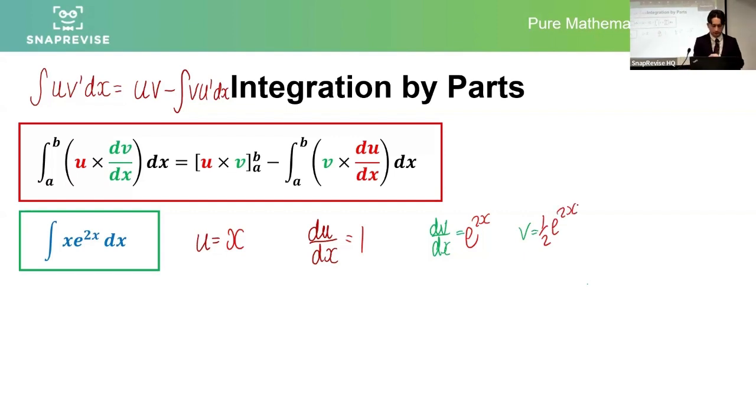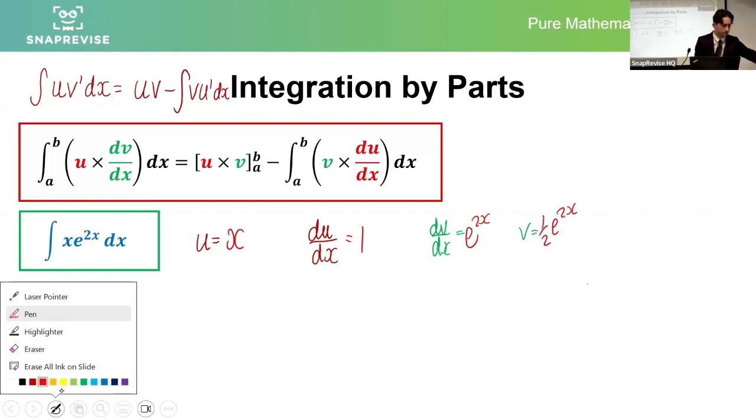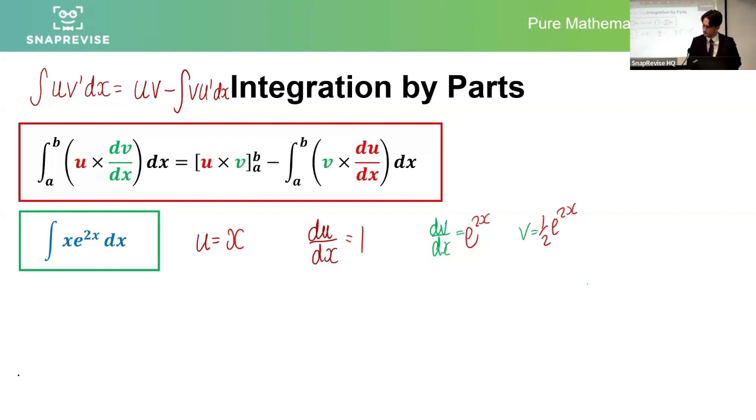Now, if we sub it into this formula, then what we're going to get is x squared, oh no, sorry. This times this, oh no, losing the plot here.